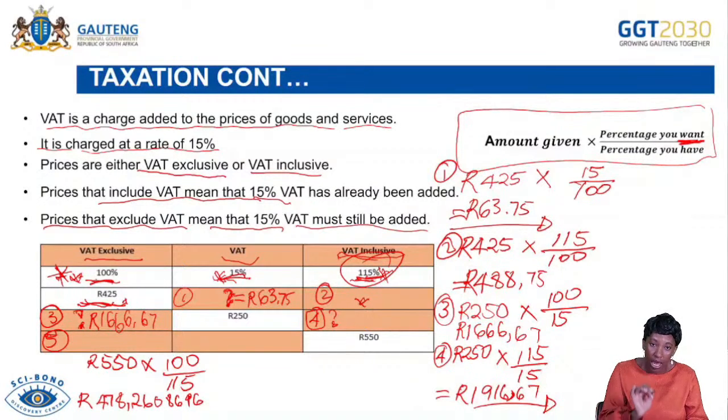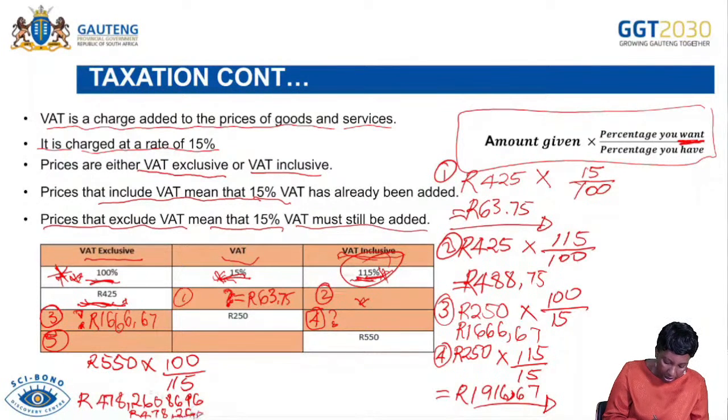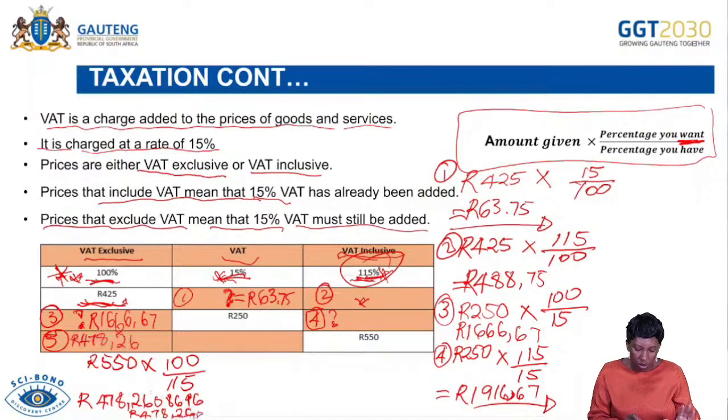And then because I'm working with monetary values, I won't leave my answer like that. It will be 478,26. That will be my answer. So here my answer will be 478,26.